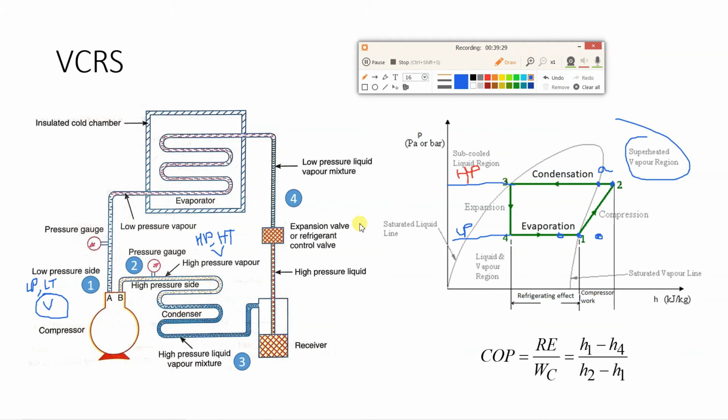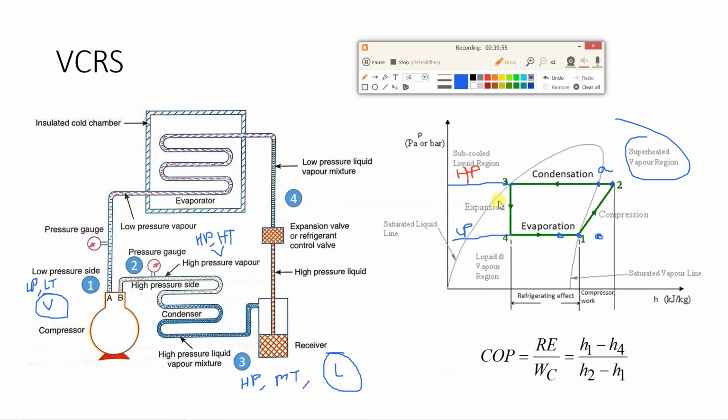Now what we can conclude from here is at point 3 we can get high pressure, temperature will be medium temperature, and what is the state? It is saturated liquid. Okay, now this liquid, again there are 2 possibilities. As we had seen for point 1, we had considered saturated vapor or superheated vapor.